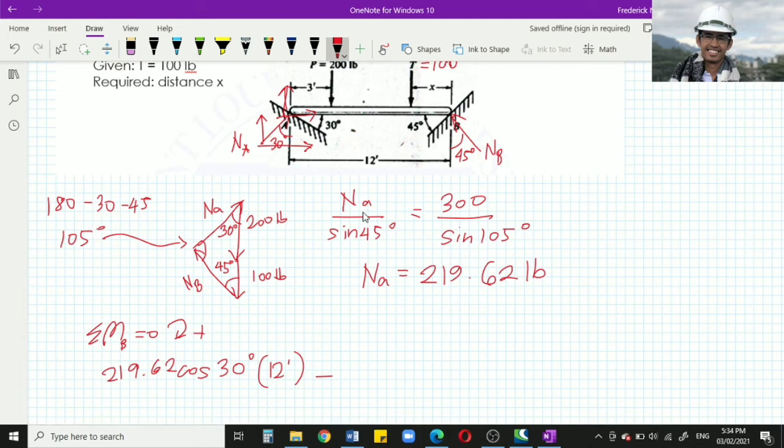Okay, so minus counterclockwise naman yung P natin, which is 200 times, so ano yung distance to? 12 minus 3, so that will be 9, minus yung force natin na T, which is 100 times X. So negative 100 siya kasi counterclockwise ulit. So times X is equal to 0.